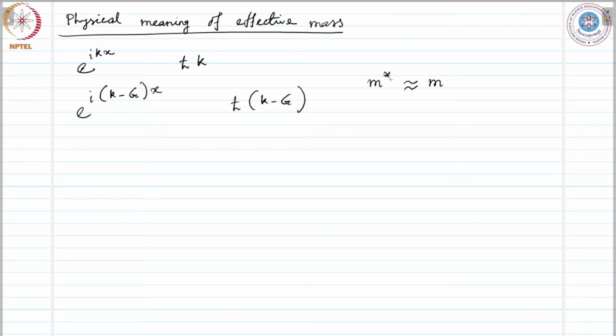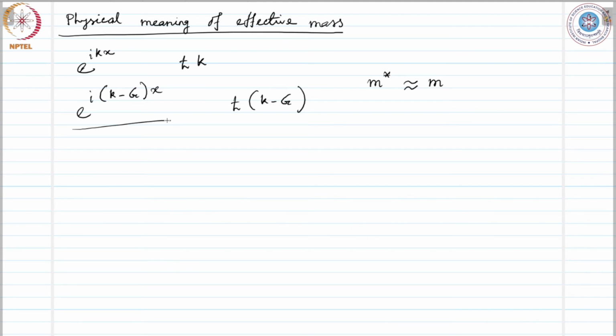Near the Brillouin zone boundary, this k minus g component is quite large, and when this grows large, a single electron in an energy band may have positive or negative effective mass. Negative effective mass occurs near the top of the band.